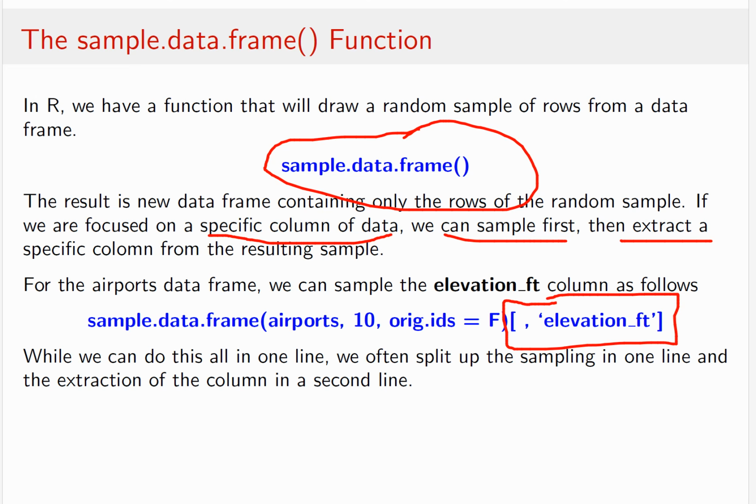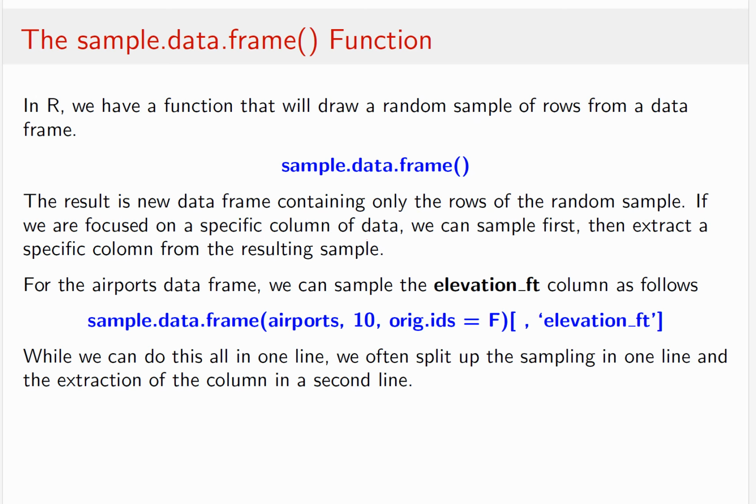All right, and we can do it with the simple row column format from data frames. Why? Because the simple random sample is a data frame. It's a sub data frame from the original that it was drawn from, but then we can go into it the same way we would go into any other data frame and extract that column.